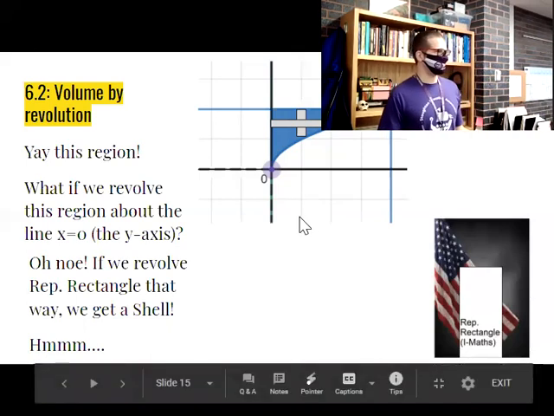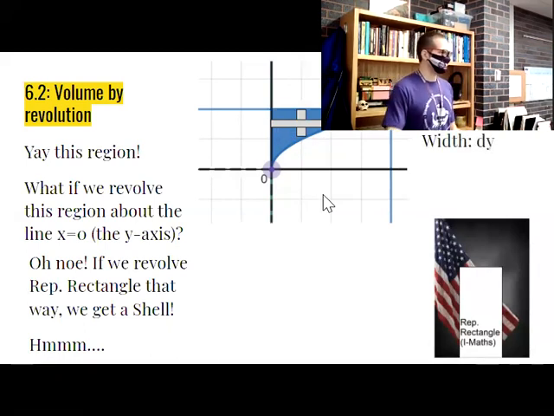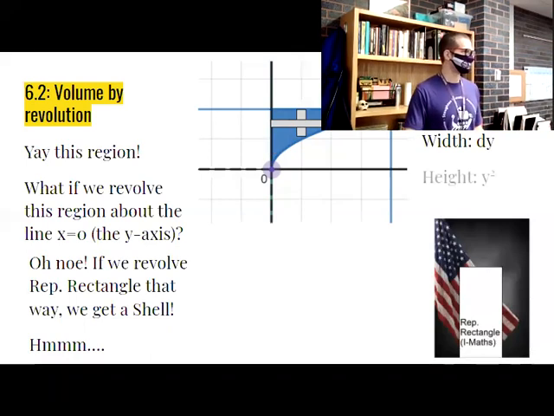So let's investigate how this is going to work for a disc, because again, we're using this horizontal rectangle now. Well, the width of this is right here. The width is a y value, so we're going to say the width of it is dy. The height of this rectangle is y squared, because this is y equals square root of x.